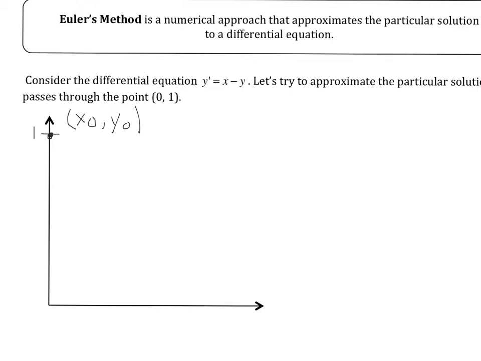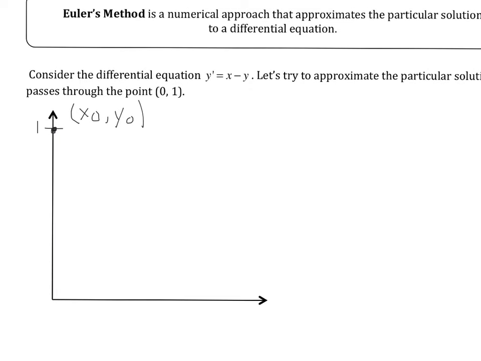In this case, I'm going to say that my step size, which a lot of the time will be called h, or you could think of it as delta x, is how much you move along the x-axis until your next approximation. Let's make it 0.1. Obviously, the smaller you make delta x, the smaller your step size, the more accurate your set of tangent line approximations will be.